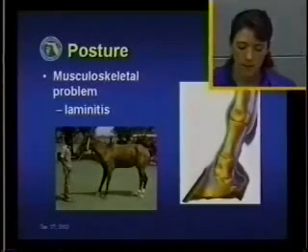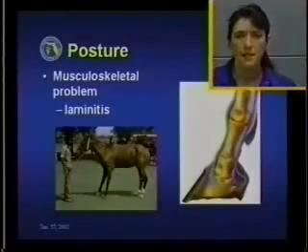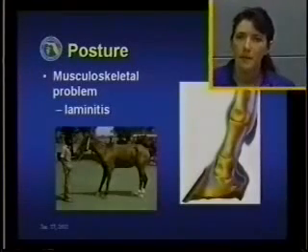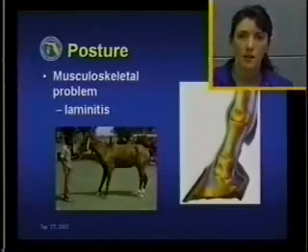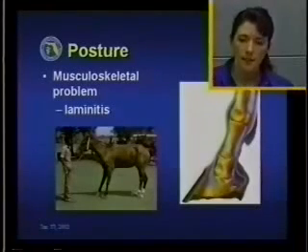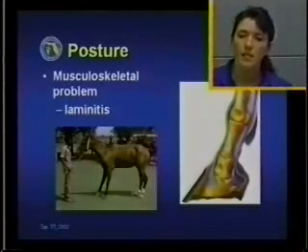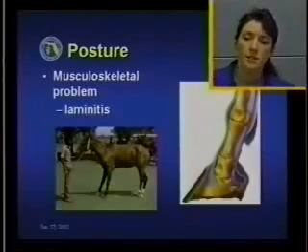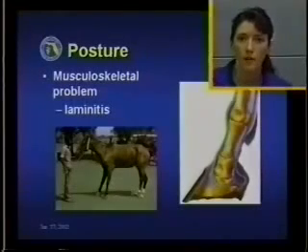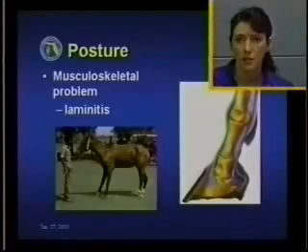So what happens is the inflammation causes severe vascular disturbances within the blood vessels of the laminae, and these disturbances can cause an ischemic necrosis of the laminae, which in turn causes breakdown of these laminae.